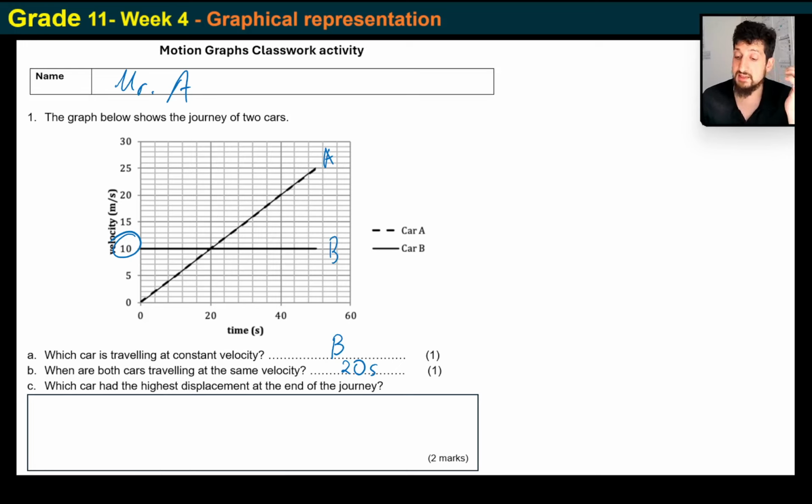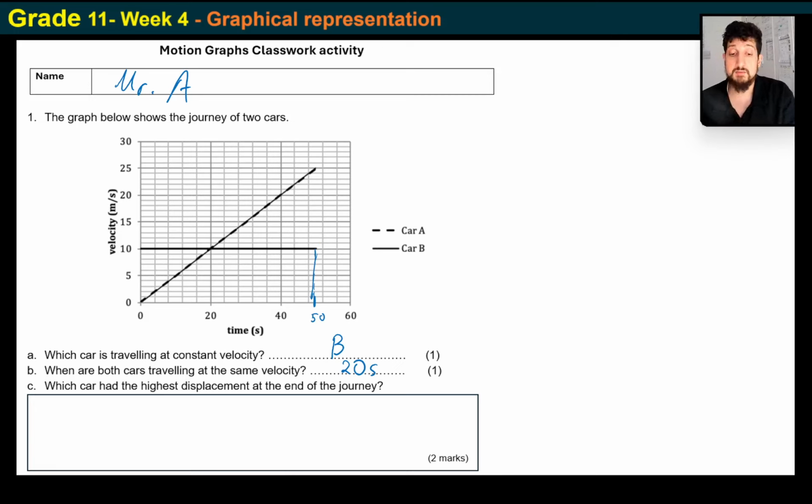Which car had the highest displacement at the end of the journey? Right, so now we have to do some calculations. Highest displacement. First of all, let me figure out what's the end of the journey. The end of the journey is this point here, 50. And then for car B, it's going to be the area under the graph, right?